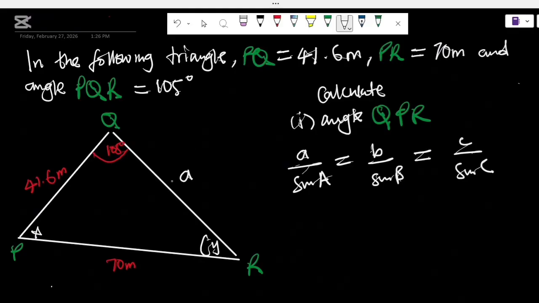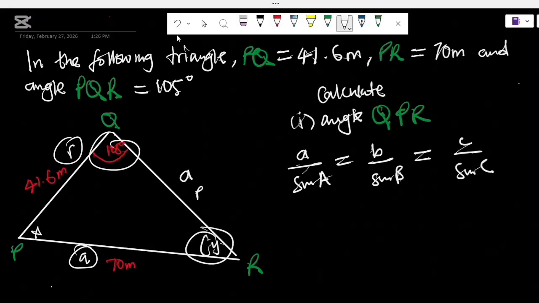But since we don't have this side, that's why we need to find this angle here first, and then this is going to help us find the angle at P. So this means that we're going to have this side which is q, and this side which is p, and this side which is r. So in this case we are using these two sides and this angle to find this particular angle at R. So let's go ahead and do that.